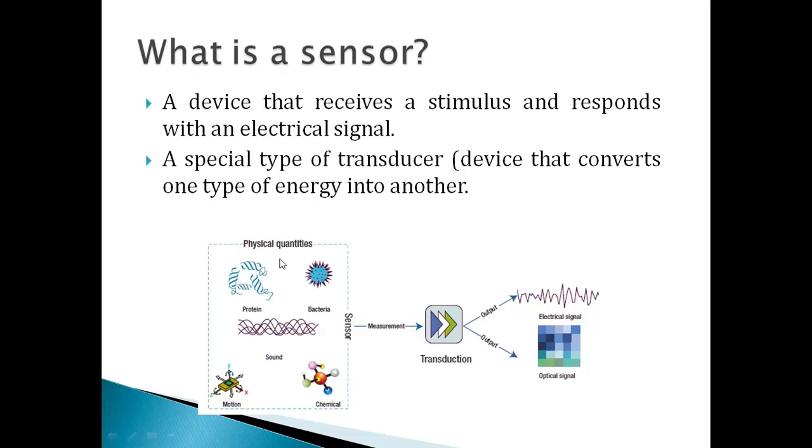As you can see, we have several physical quantities, like protein, bacteria, sound, motions, and chemical compounds. All these physical quantities are capable of generating energy, and the transducer is a device which converts such energy into a different type of energy, in the form of electrical signals and optical signals.